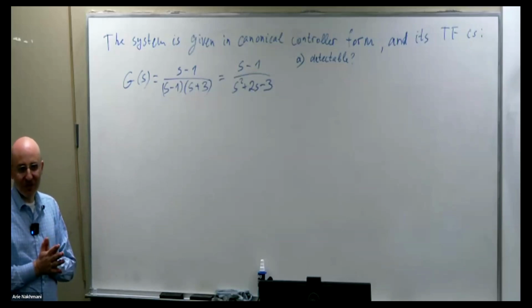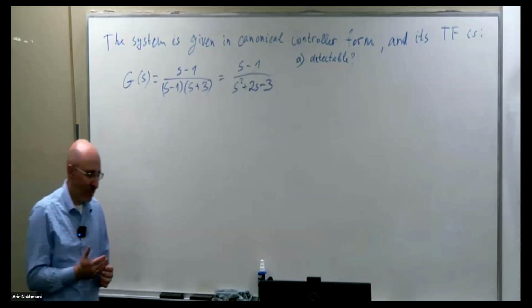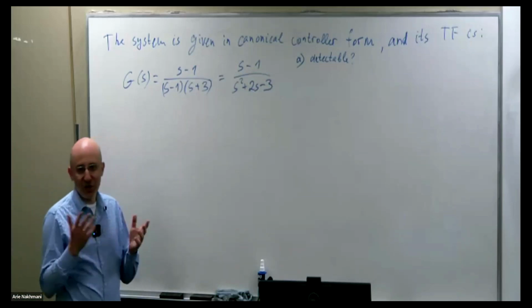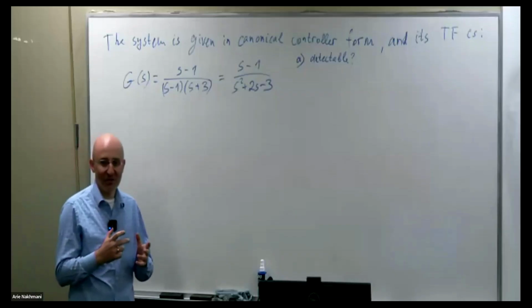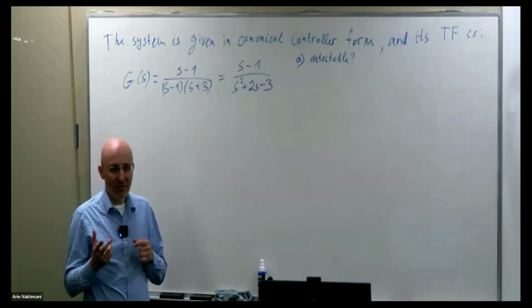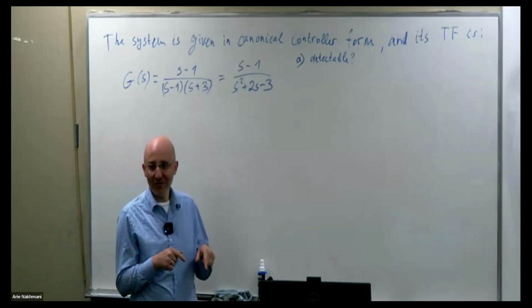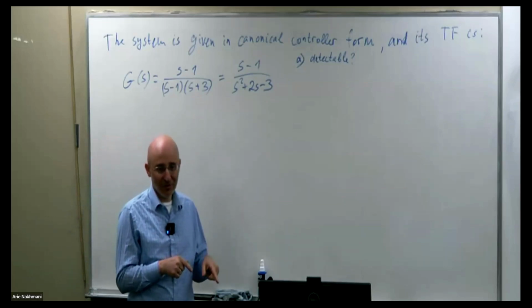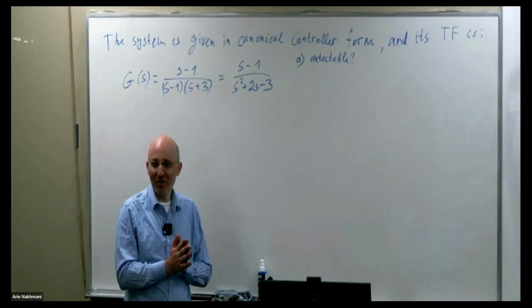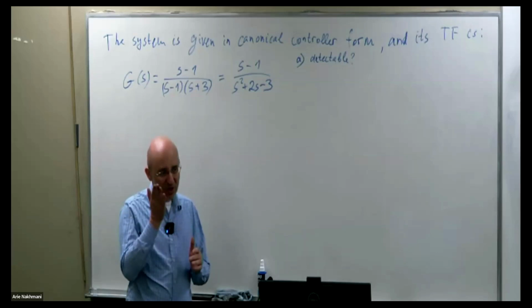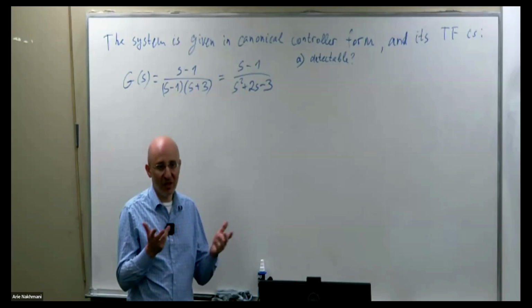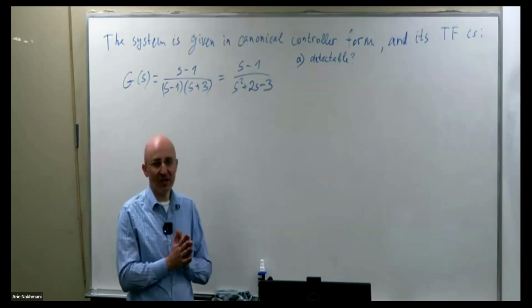Detectable system means that you do not have any cancellations, or if you have cancellations, that cancellation of a non-observable pole is stable. That's what detectable means. So the cancellation, which was something canceled and was non-observable, was stable.